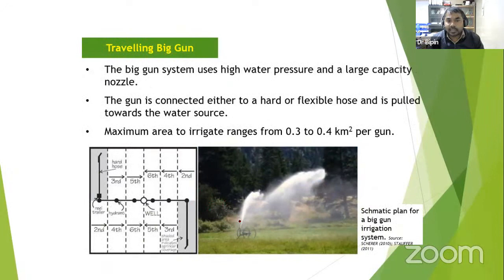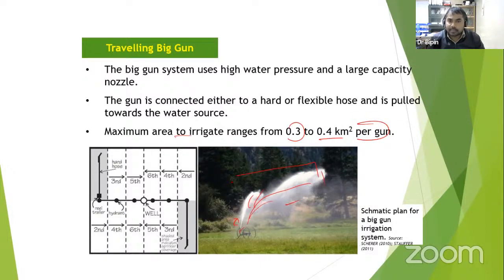And even guns, many guns are also nowadays available, and those guns are used to spread the water in the form of rain over the field. The maximum area to irrigate by this is 0.3 to 0.4 kilometer per gun. So this also has more potential to irrigate a maximum area by use of this gun.